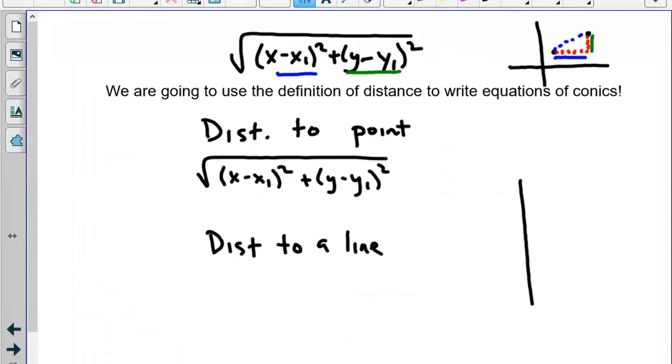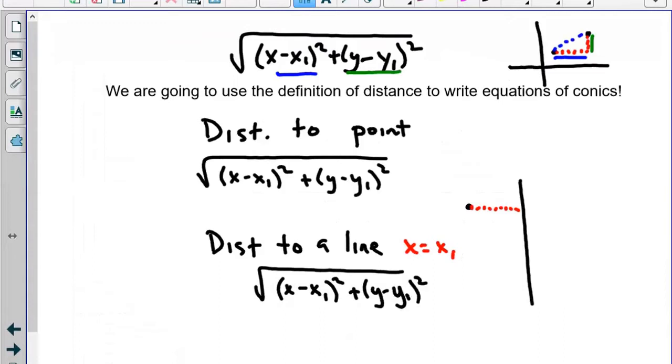So for example, let's say we're finding the distance from this particular point to this line. We would draw a straight horizontal line if we want to find the distance to any vertical line, which means that if we're finding the distance to any line that's x equals a number, or x equals some x value, we are taking the square root of (x minus x1) squared plus (y minus y1) squared.